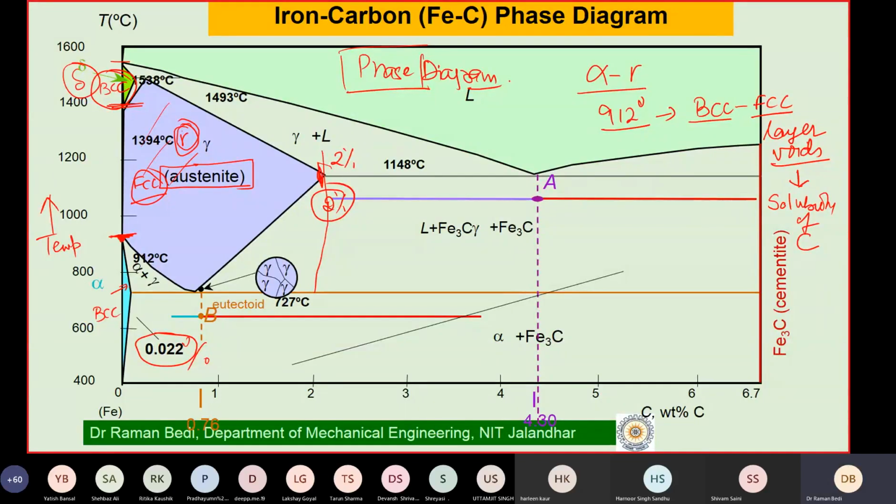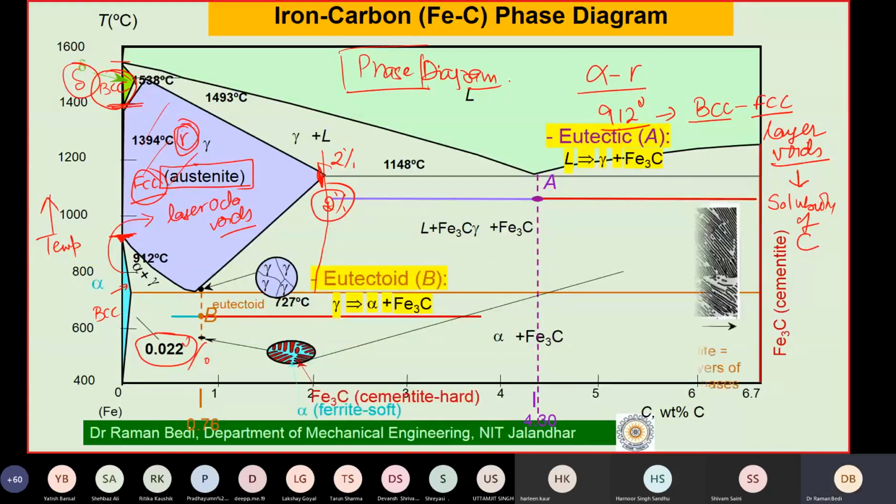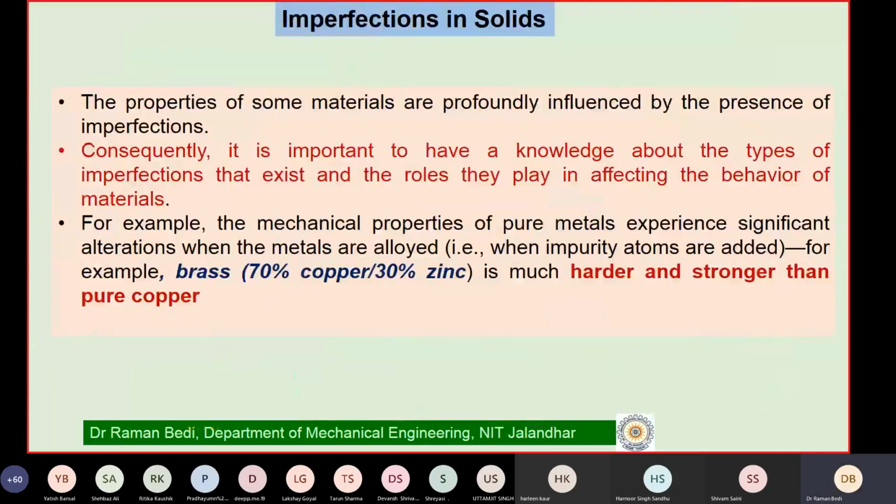One of the reasons for that is that iron transforms from BCC to FCC, so you have larger octahedral voids which can accommodate more carbon atoms. Okay, so we will come to this discussion later, but right now this is sufficient for us to go forward. I will leave it. Okay.